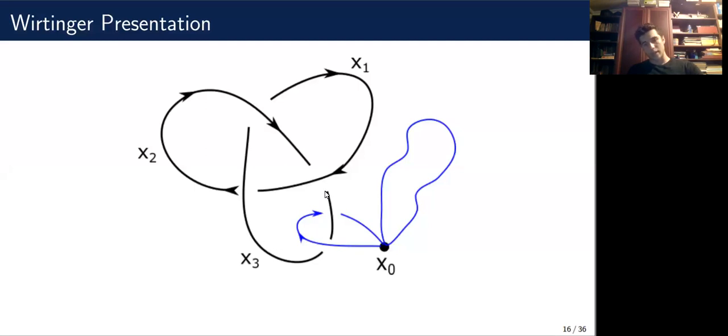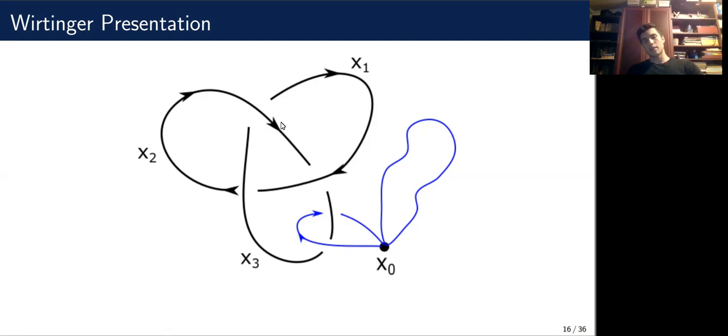And you can see that any loop that starts and travels exactly once in the same direction along that curve is equivalent to that path. So we associate each arc with a loop that starts from x0 and travels exactly once around that arc with the specified orientation.